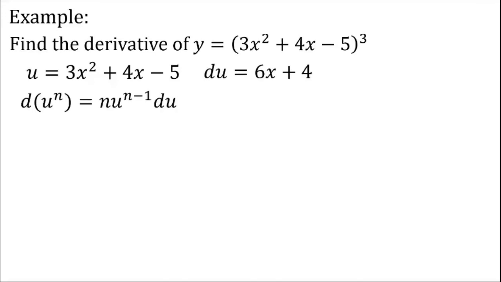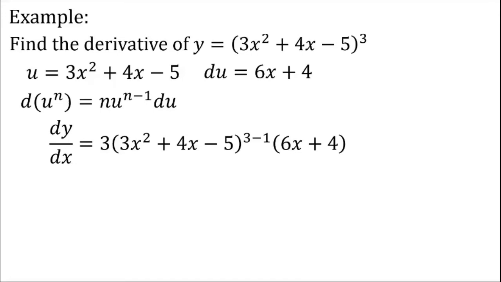So now let us use the rule. d of u to the n equals n times u to the n minus 1 times du. So our dy over dx is equal to, as you can see, the exponent 3 is multiplied here, and then copy the polynomial 3x squared plus 4x minus 5 raised to 3 minus 1 times du, the derivative of u, which is 6x plus 4.